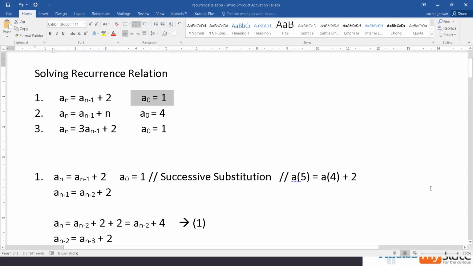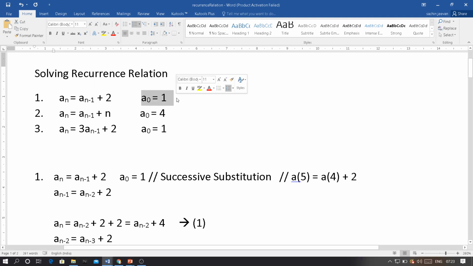In the very first solving recurrence relation part, we started with three recurrence relations, and using the successive substitution method we were solving them. In the next part, we have seen a new kind of recurrence relation where two recursive calls were provided and two base conditions were provided.